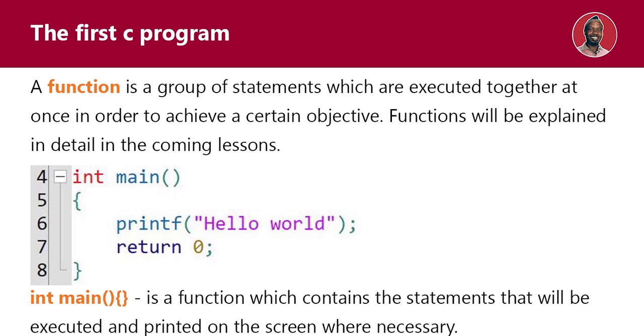On the next line, which is 7, we write the statement return 0, semicolon. I'm going to explain all this in detail on the next slide.